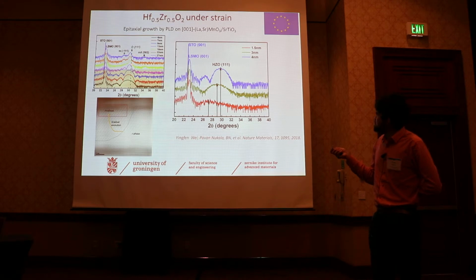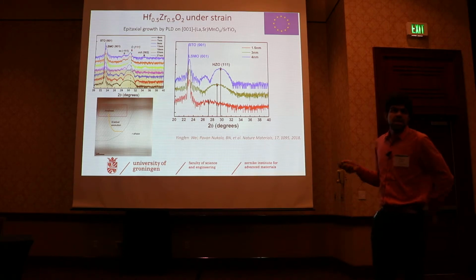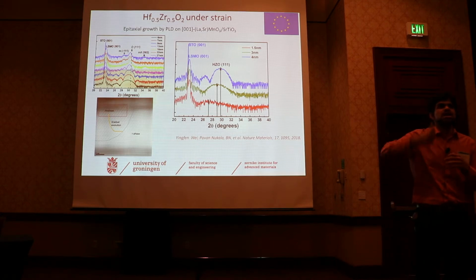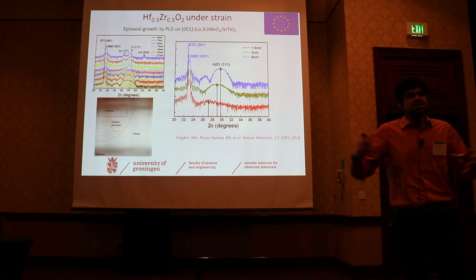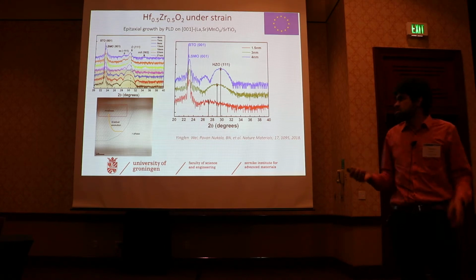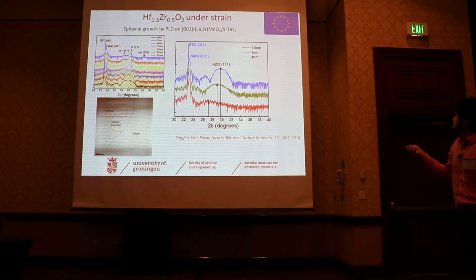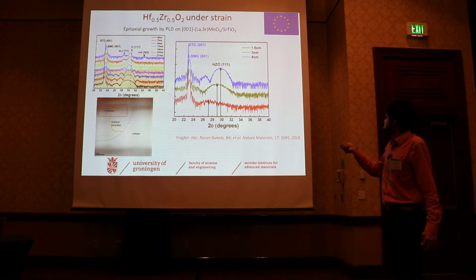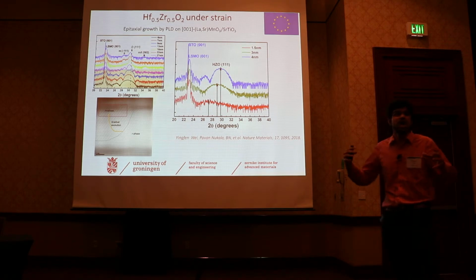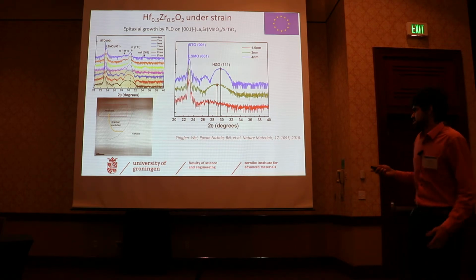And as you keep reducing the thickness of the film, you see that the out-of-plane 111 peak actually moves left, which suggests an out-of-plane increase of d111, which is because of in-plane compression. And the same thing happens when you make films as thin as 3 nanometers. They still show this peak, which means in this case it is heavily in-plane compressively stressed.